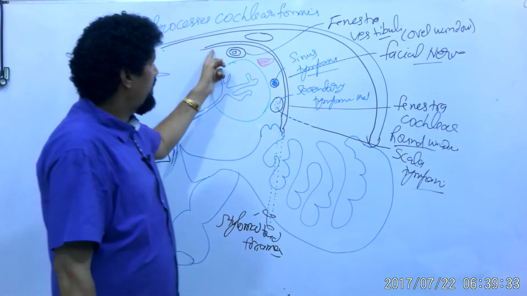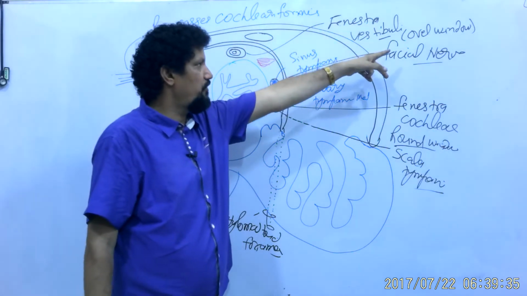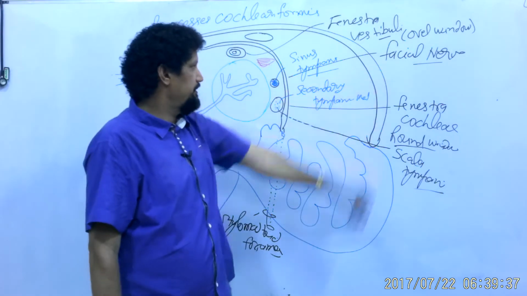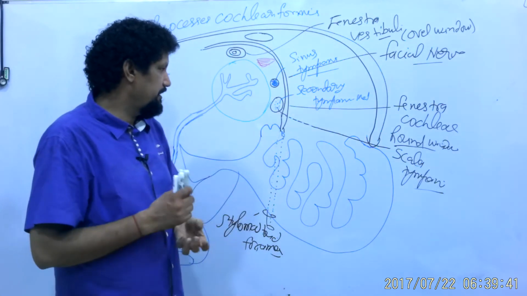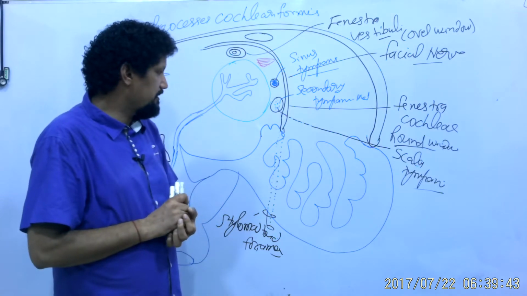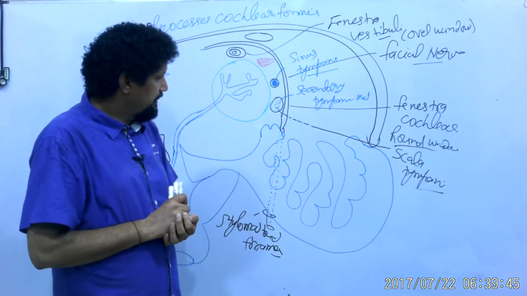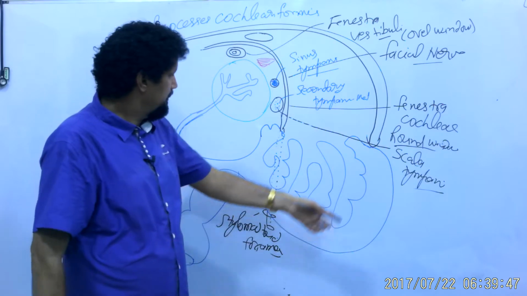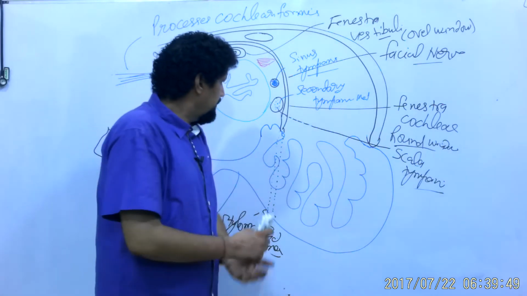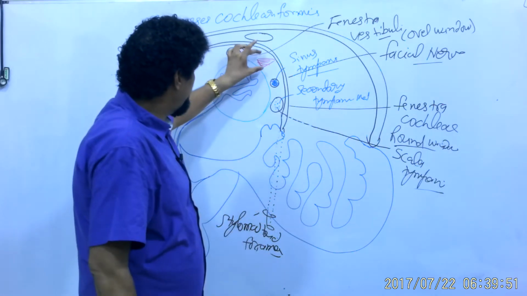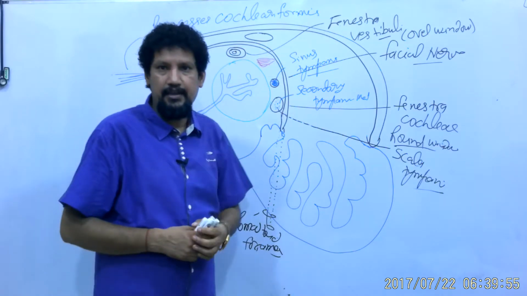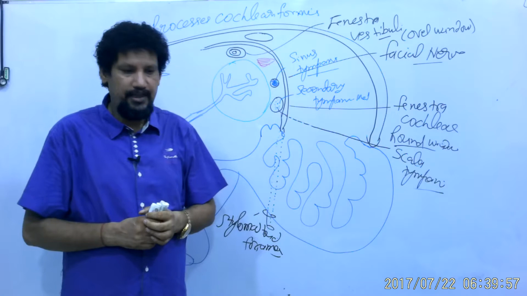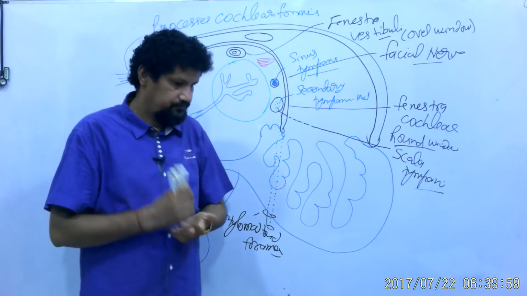The fenestra vestibuli, which is also known as oval window, and the fenestra cochleae, which is the round window and closed by the secondary tympanic membrane. The pyramid and the sinus tympani. So, these are the modifications of the medial wall.